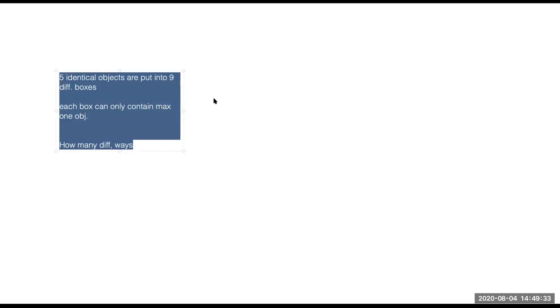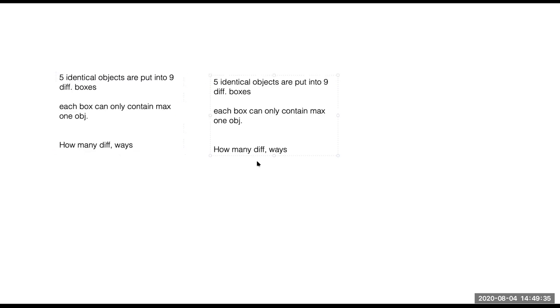So let's consider the question like this. Let's see how about if there are 5 non-identical objects put into 9 different boxes, and each box contains one maximum object.